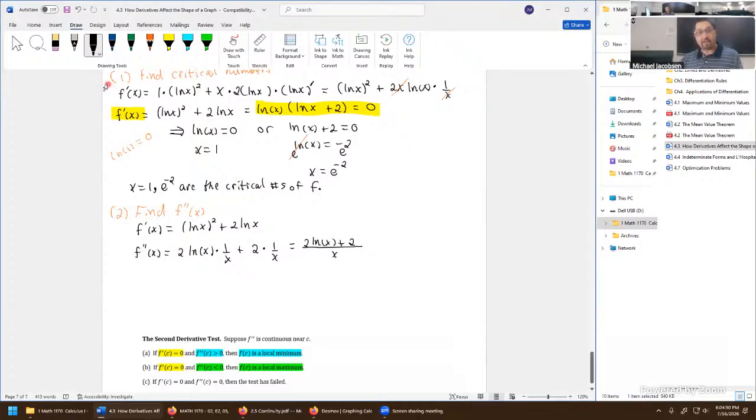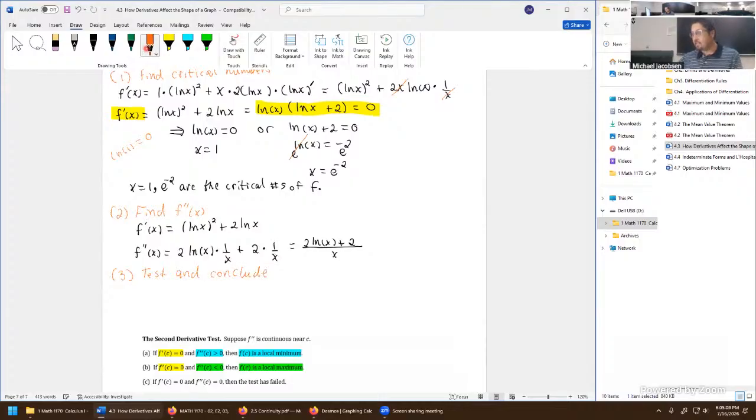So step 1, find critical numbers, first derivative. Step 2, well, we have to plug critical numbers into the second derivative, so we had to find the second derivative. And now step 3 is test and conclude.